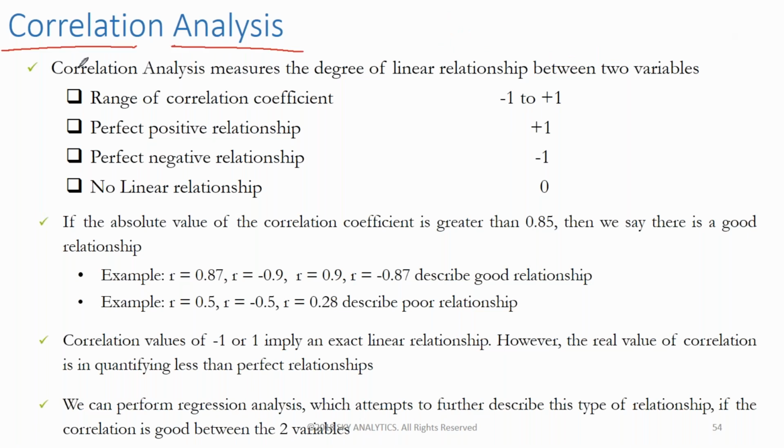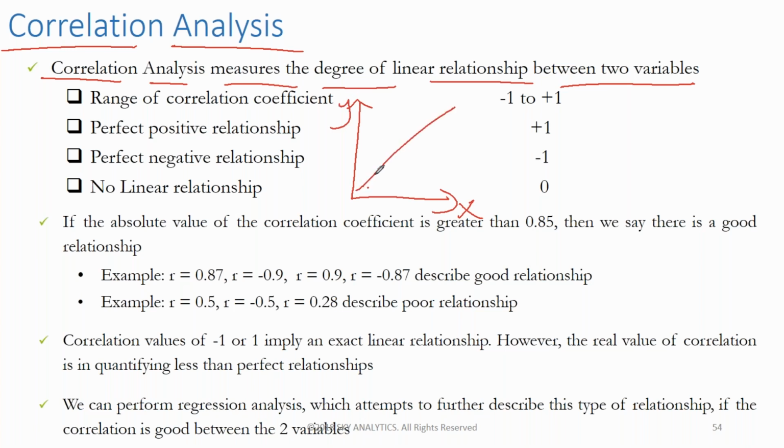Correlation analysis measures the degree of linear relationship between two variables. So if I'm plotting x-axis here, y-axis here, and there is a straight line and my data points are like this, it says that correlation analysis measures the degree of linear relationship, means whether these data points are linear or not between two variables.